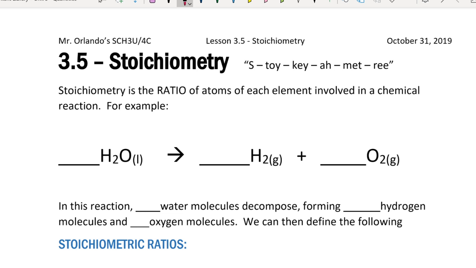Yeah, looks good. Well done. How we doing? Good. All right, so let's take a look here. What isn't balanced right now? What's out of whack? Well, how many hydrogens do I have here? 2. How many hydrogens do I have here?